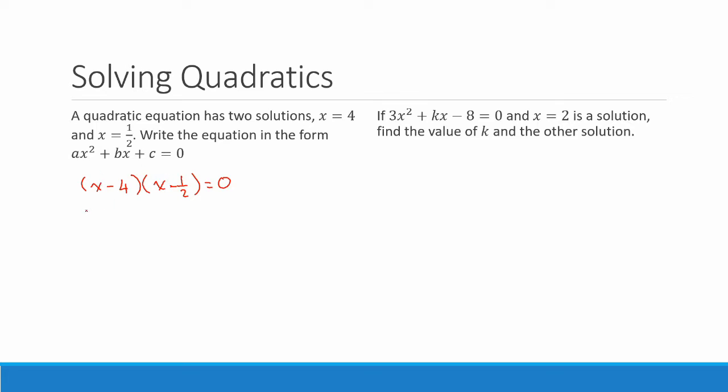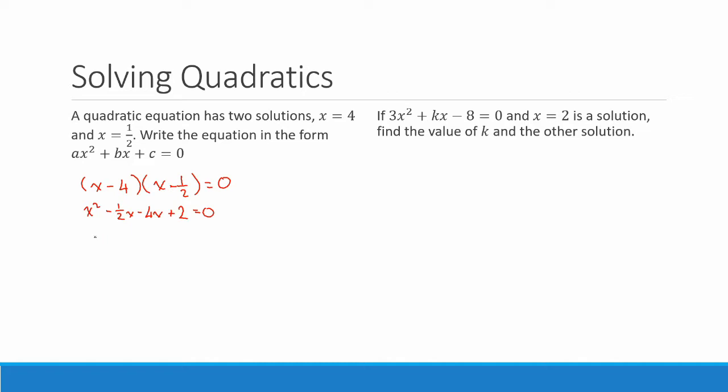So x times x is x squared, x times a half is a half x, negative 4 times x is minus 4x, and negative 4 times a half is negative 2, equals 0.